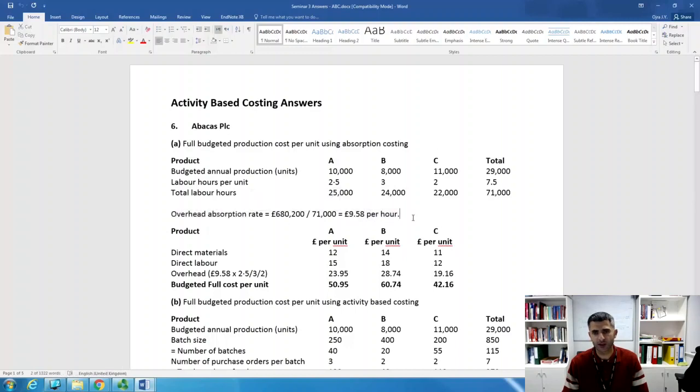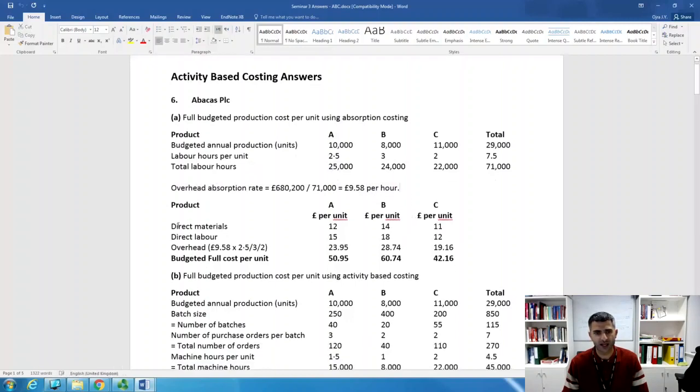Once you calculate the OAR, it makes your life easier, as you need to calculate the cost per unit for the 3 products. As we mentioned, you just copy and paste the direct material cost per unit and the direct labor cost per unit. This is from the question. We have no issues with direct cost, with variable cost.